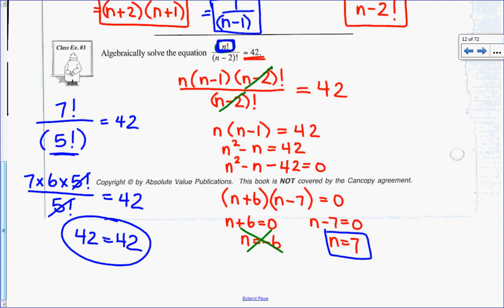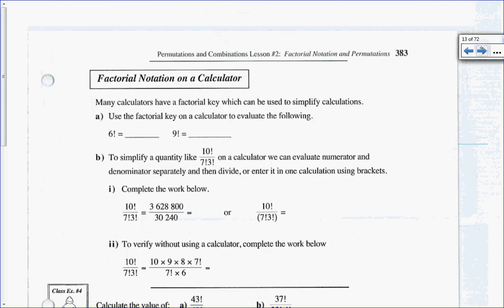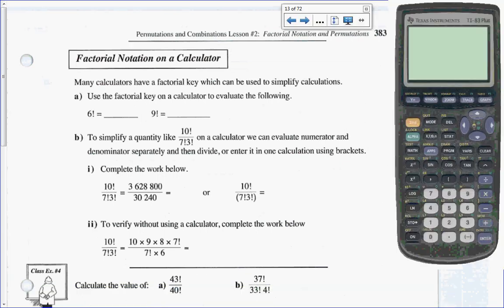Let's flip over the page, and I'm going to show you that your calculator has a factorial button, where it will do some of this work for you. The question says, use the factorial key on the calculator to evaluate the following.